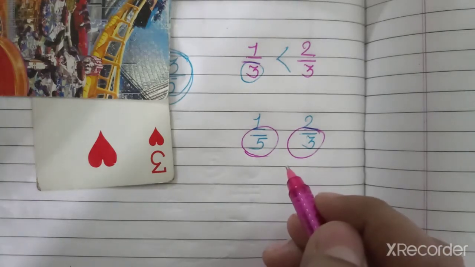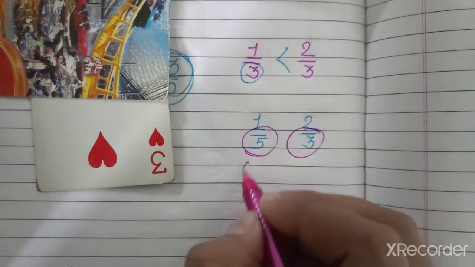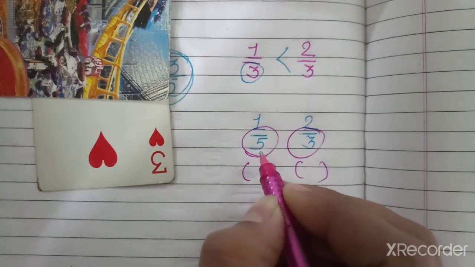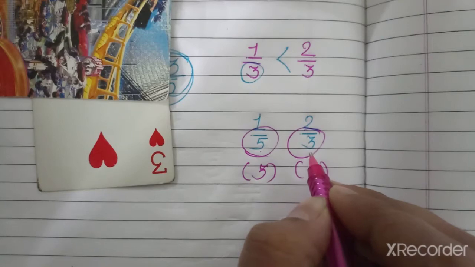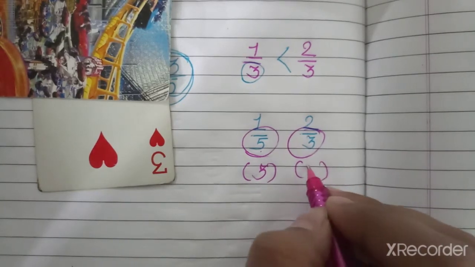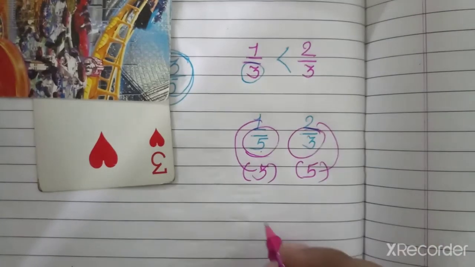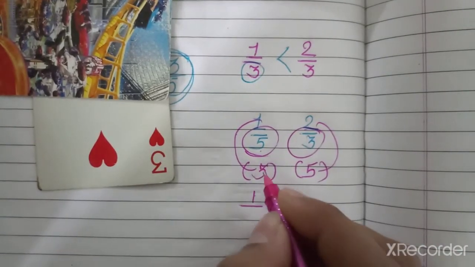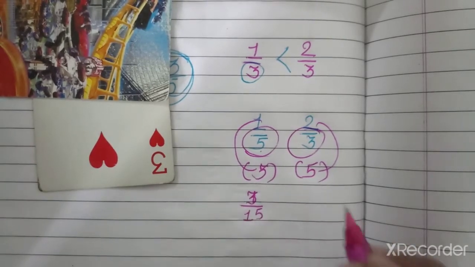Let's take LCM. The LCM of 5 and 3 we solved previously. The answer is 15. In the table of 5, 15 appears how many times? 3 times. And in the table of 3, 15 appears 5 times. Multiply the numbers. 3 into 1 is 3, so the answer will be 3 by 15.